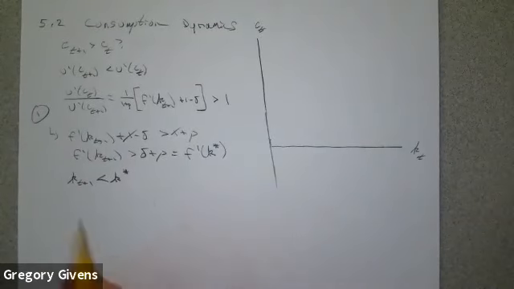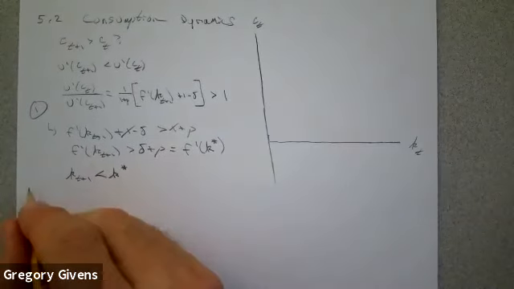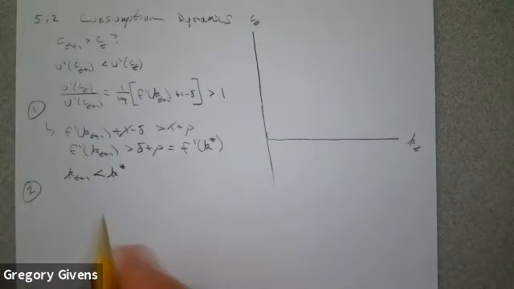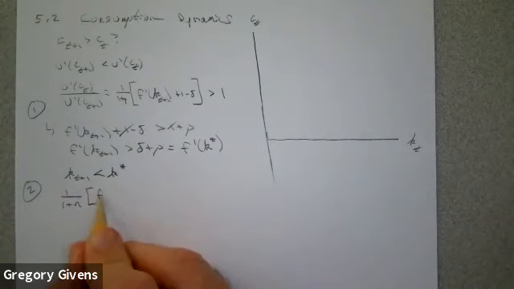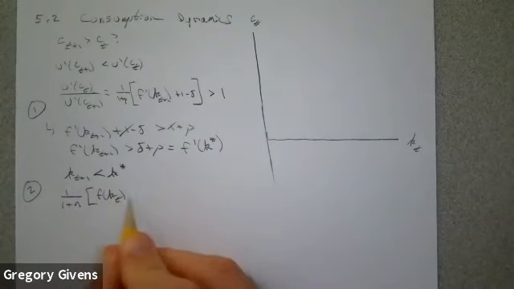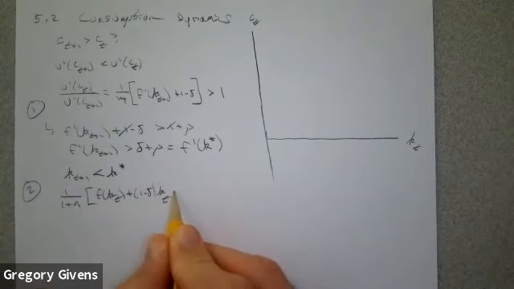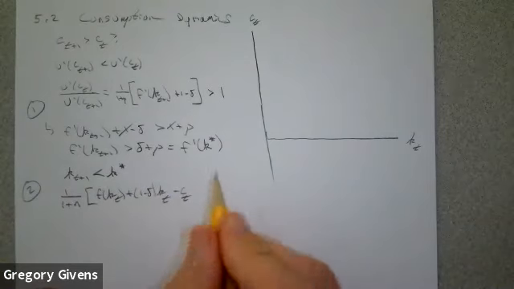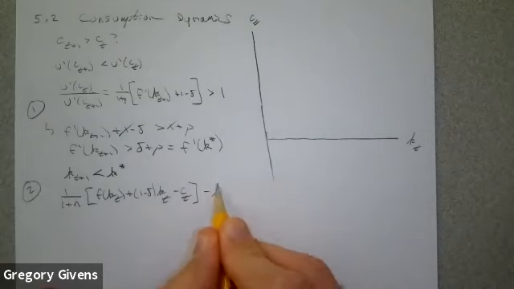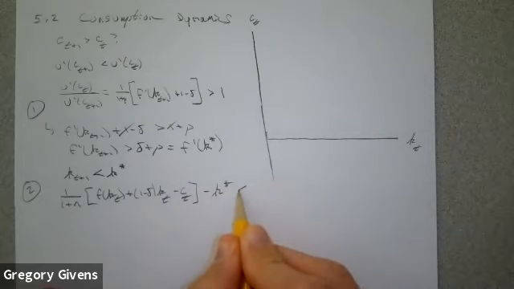And if K_{t+1} is less than K star, then I can appeal to equation 2 and write that as 1 over 1 plus n times f(K_t) plus 1 minus delta K_t minus C_t, minus K star, has to be less than 0.